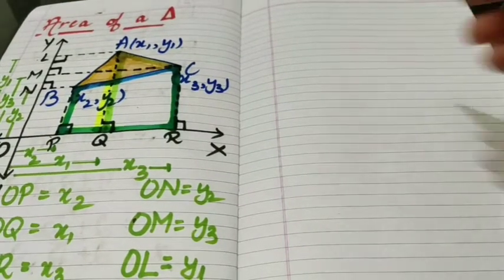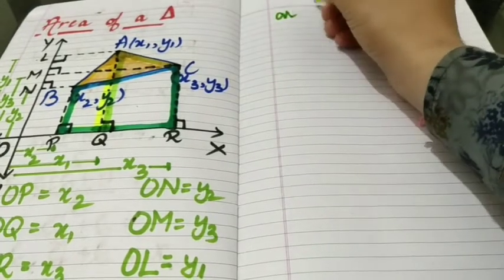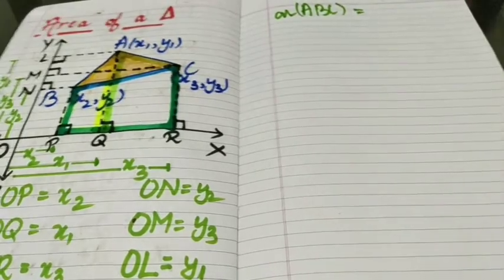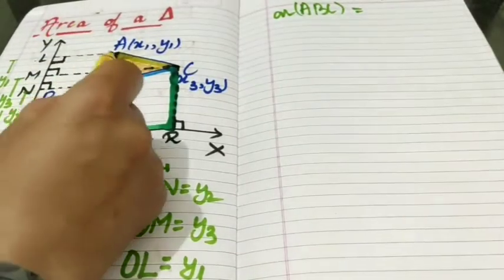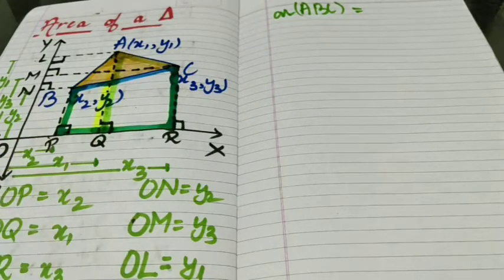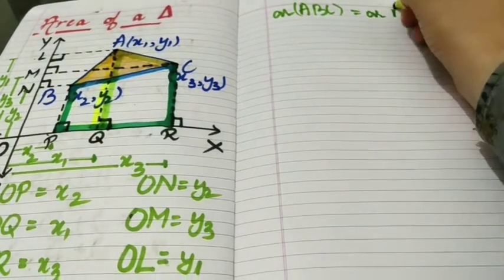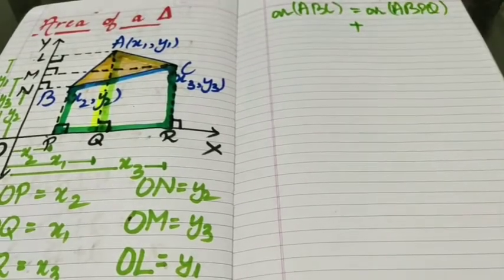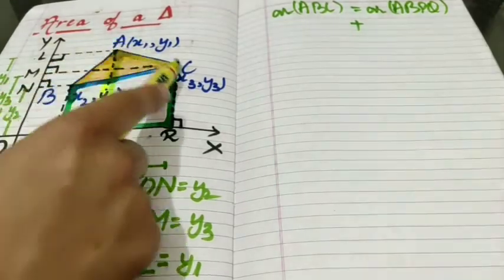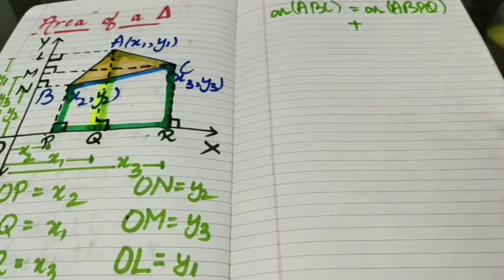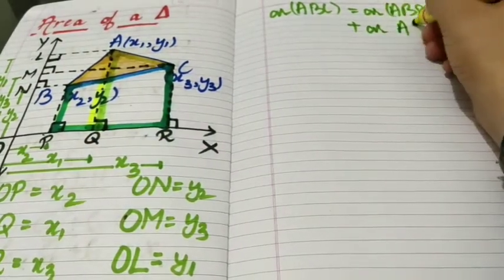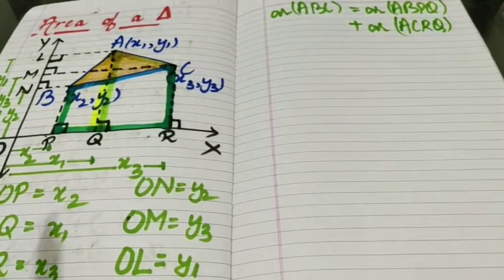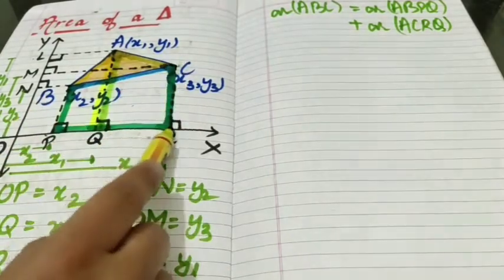So from this we can conclude that the area of triangle ABC equals the area of trapezium ABPQ plus the area of trapezium ACRQ minus the area of trapezium BCRP.